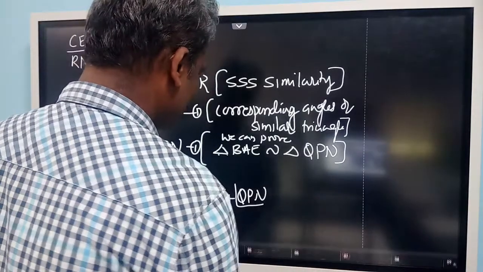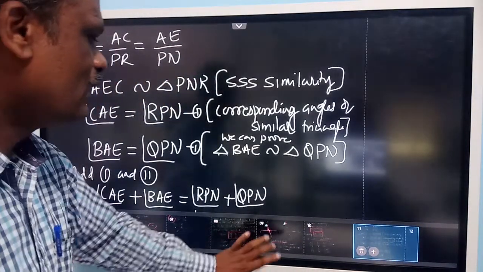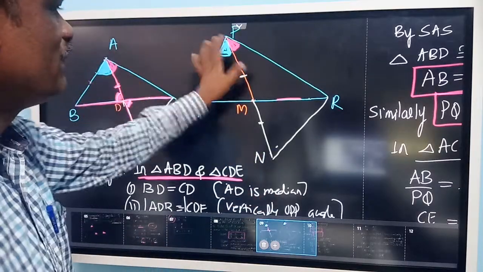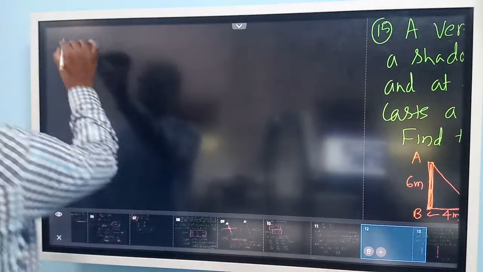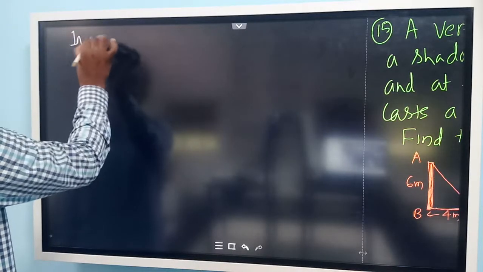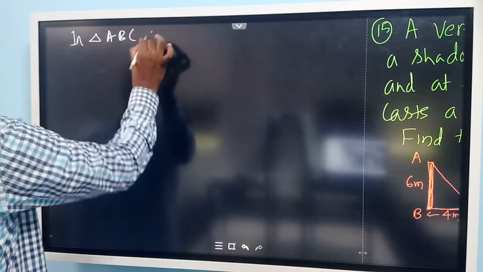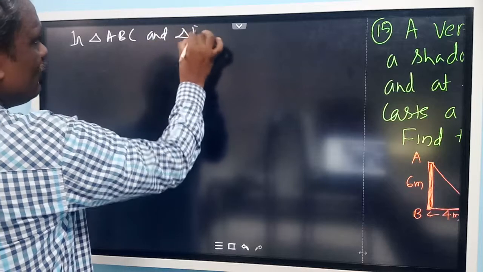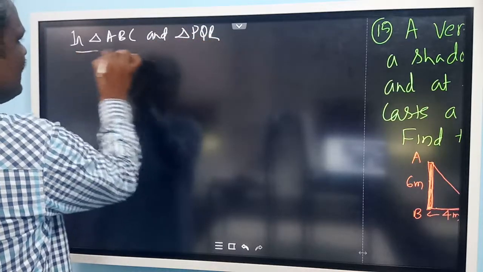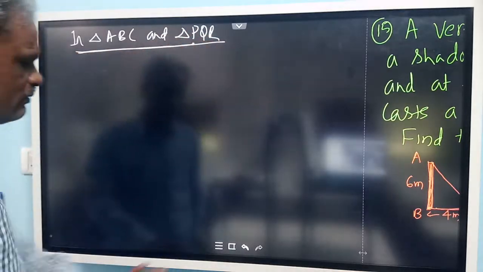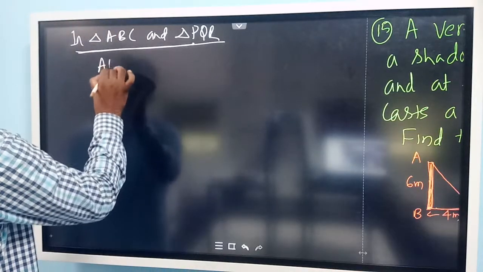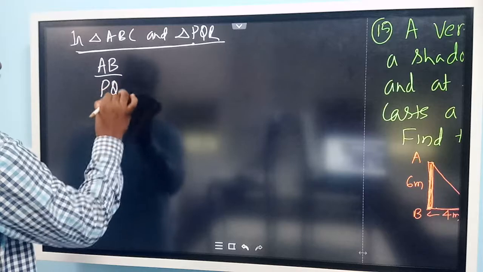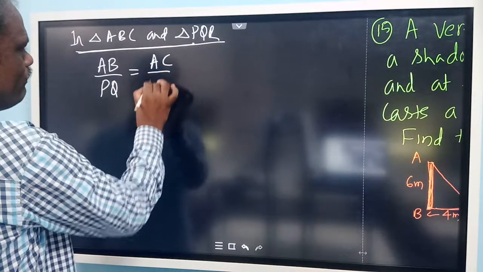Now we have reached almost the final stage. Now you come to triangle ABC and triangle PQR. We have already given AB by PQ is equal to AC by PR.